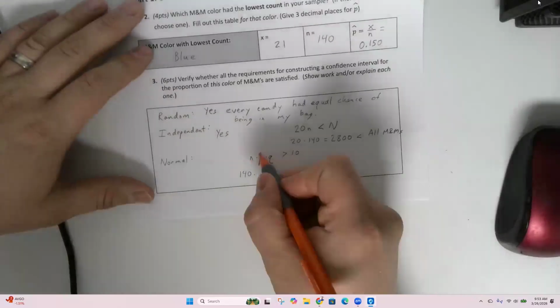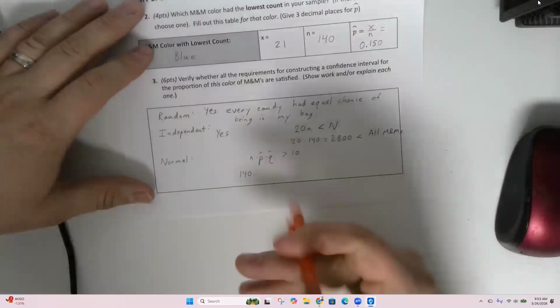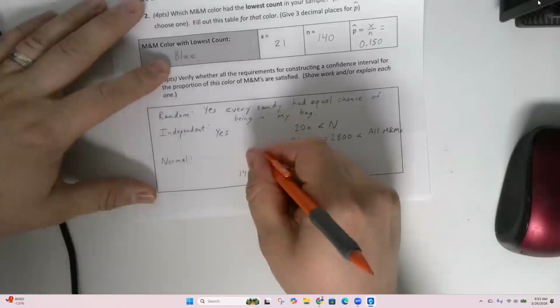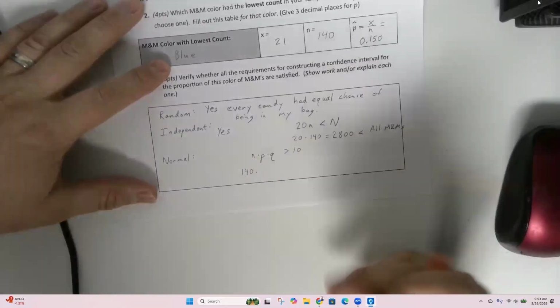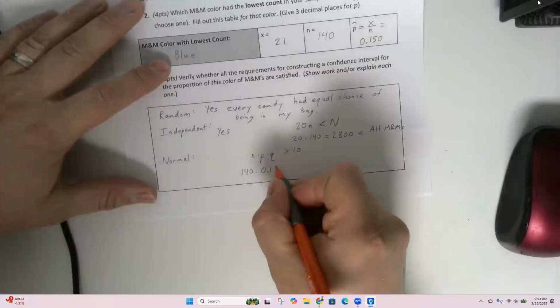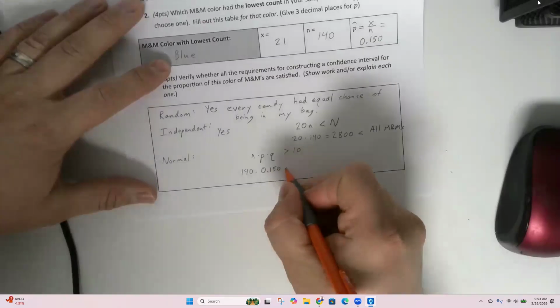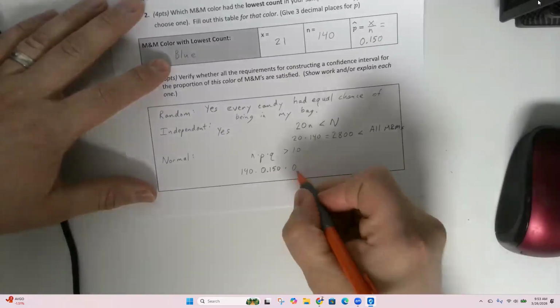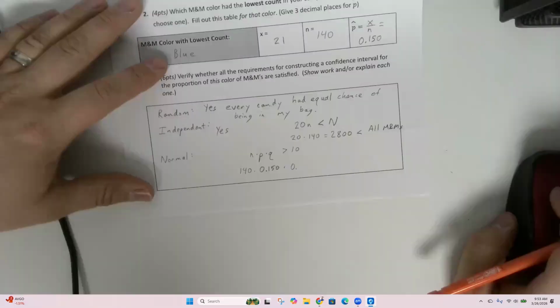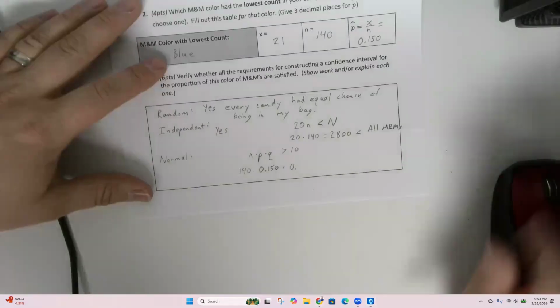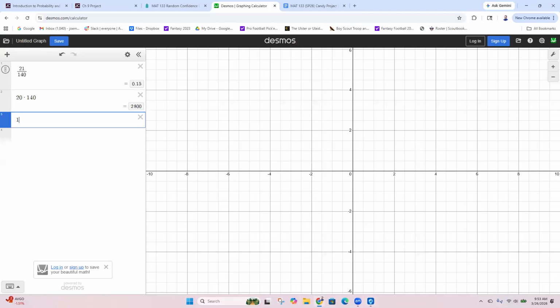If you want to write it as P hat, Q hat, you can, but you don't need to. P in my case is 0.15, and I need my Q as well. To get Q, I do 1 minus my P value, and I get 0.85.